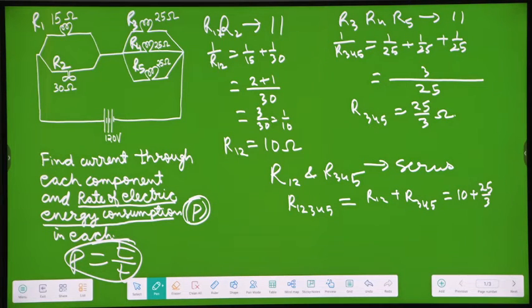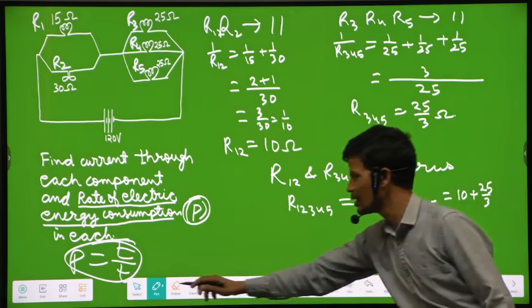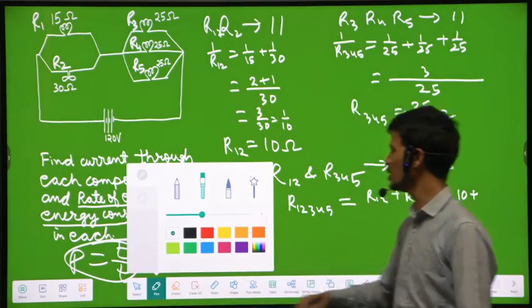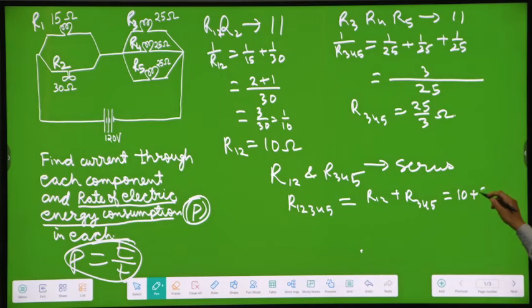We have to divide it. It will be 8.3, so instead of this I'm directly writing 8.3 here. It will be 8.333 non-terminating, but we'll take it up to the first decimal place only. So it is 18.3 ohm.